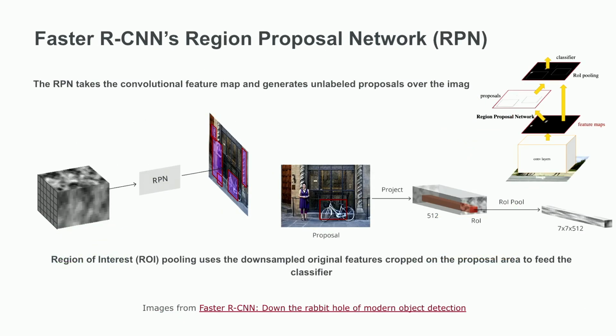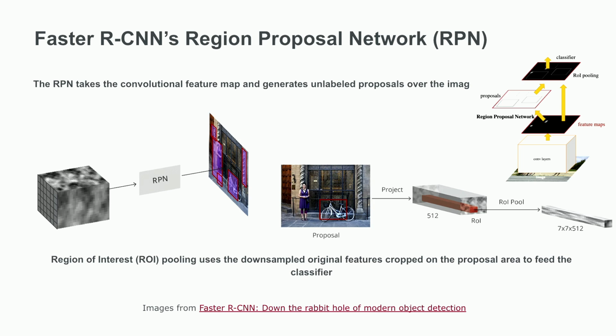The most famous of these 2-stage detector models is Faster R-CNN, which first has this region proposal that is basically a network that is going to classify the anchor boxes as being foreground or background, and after it has determined that something is foreground, that something has a high probability of being an object of interest, we actually crop this section from the original features that we have in the convolutional network that provides the base features.